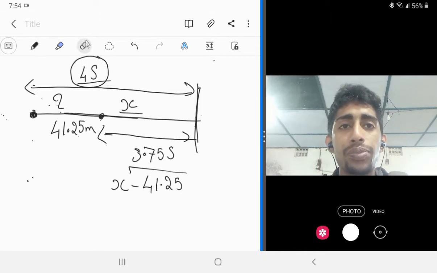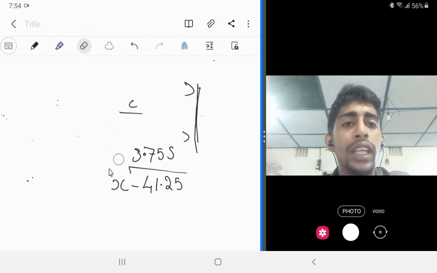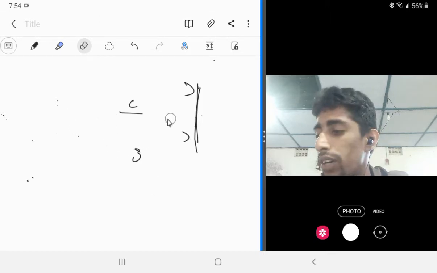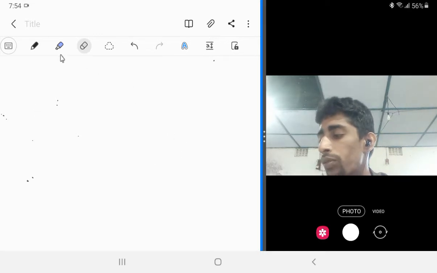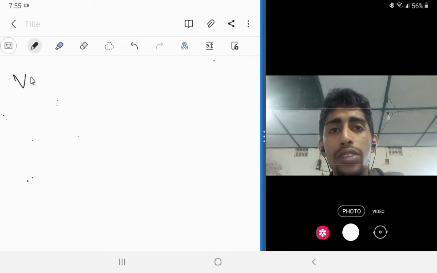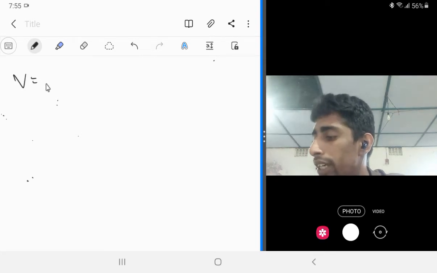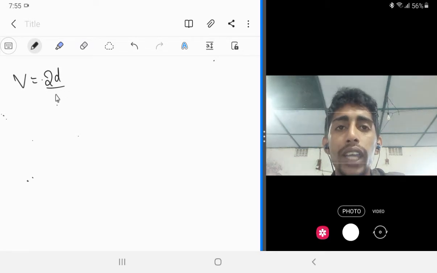So how can we find the distance? First we have to find the velocity. The equation of velocity is v is equal to 2d by t.